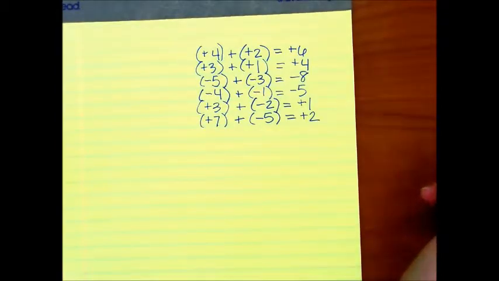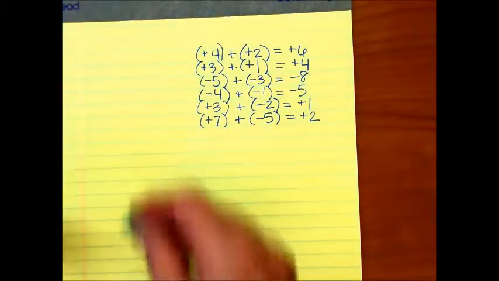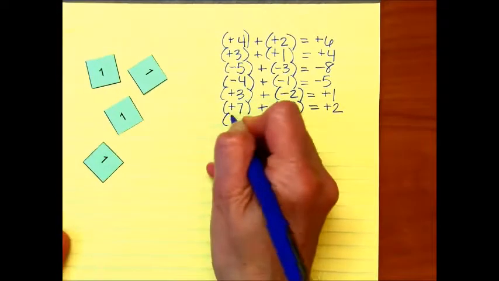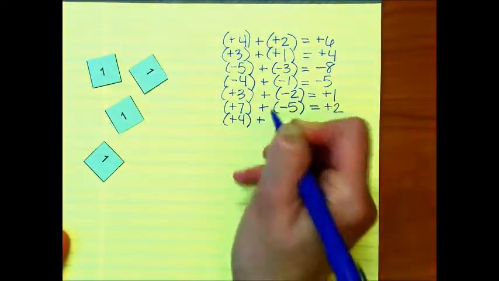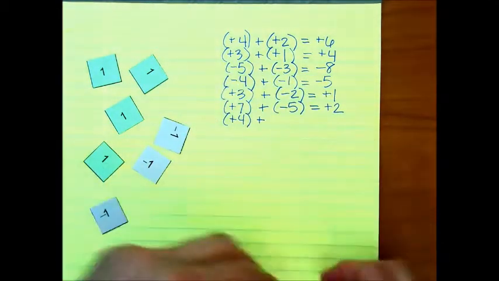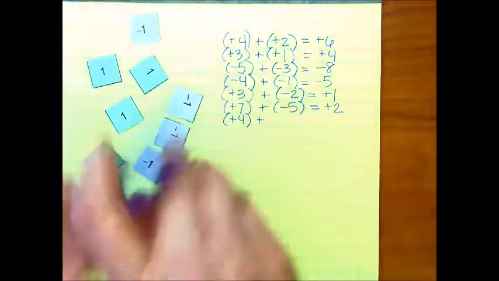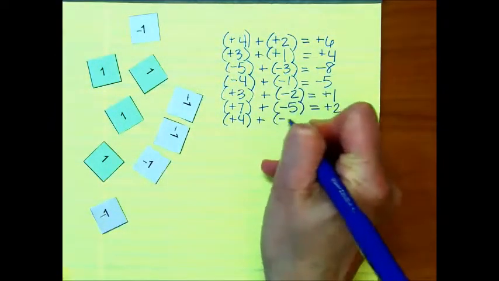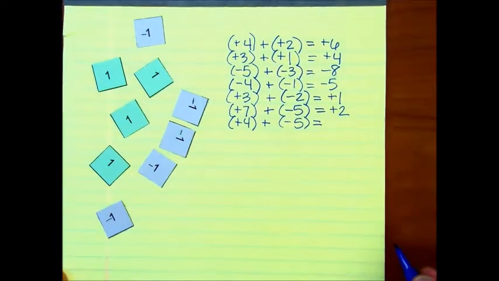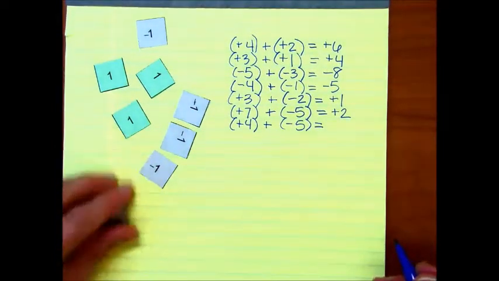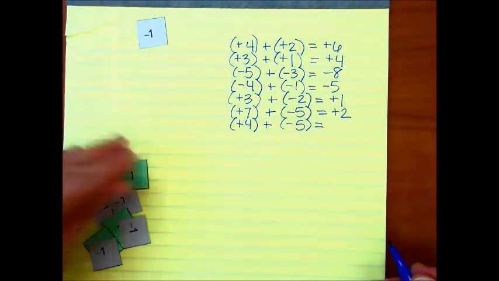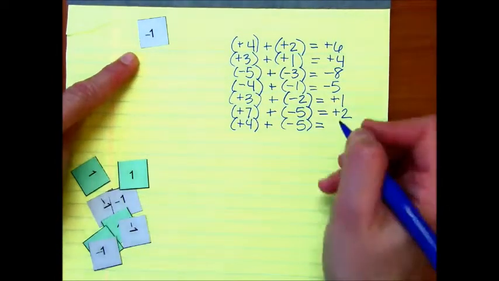Let's look at a few more. Here we'll have 4 positives, and I want to add to that 5 negatives. What does that represent? Looks like I have negative 1 left over.